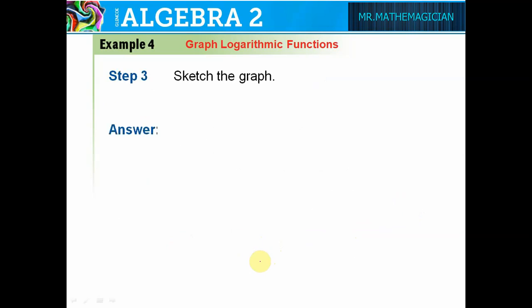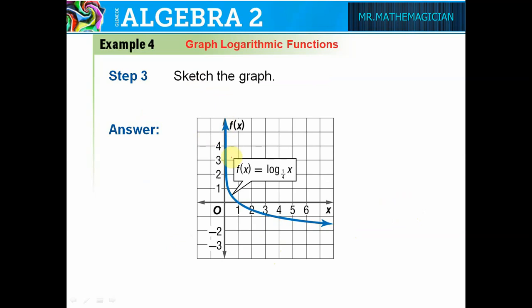Sketch the graph. This is (1, 0), this is (4, -1), and this is (1/4, 1). Then we join a smooth curve and we don't touch the y-axis.